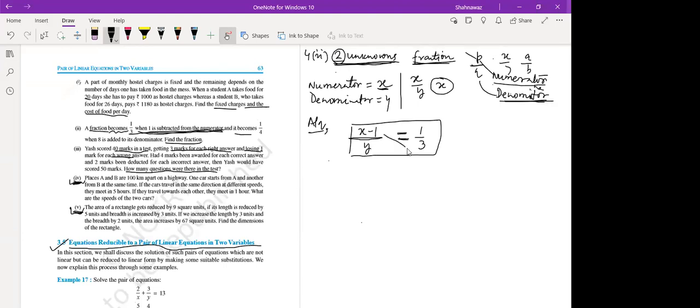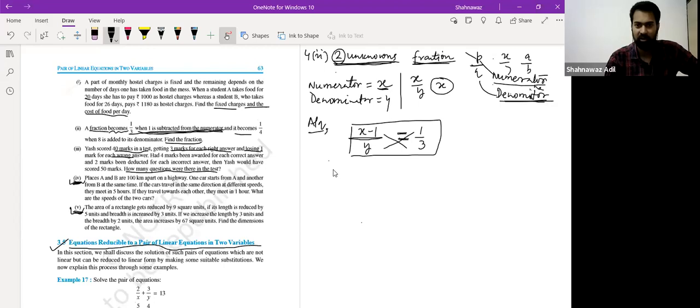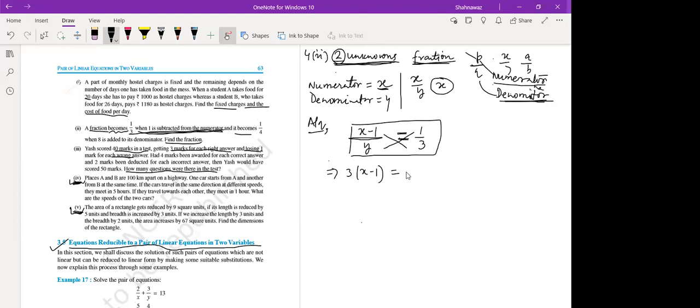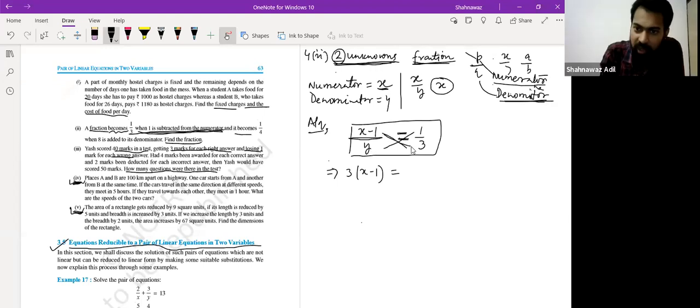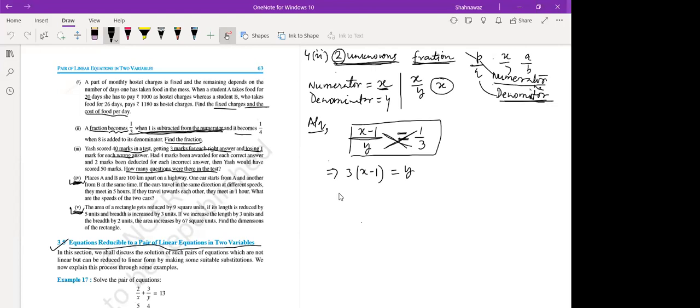Yes. So now we will do the cross multiplication. So this will become 3 times (x minus 1), and then this will become what? Equals to 3x, no, this multiplied by this and then this. So this will be y, right? Yes.